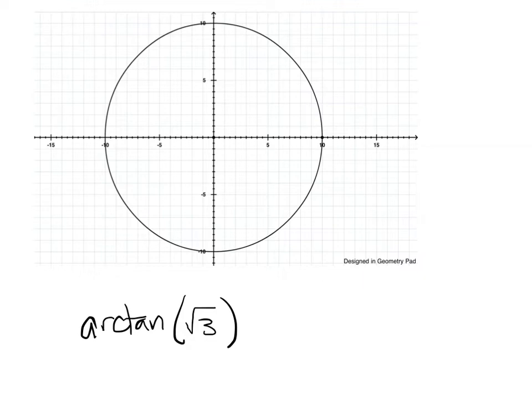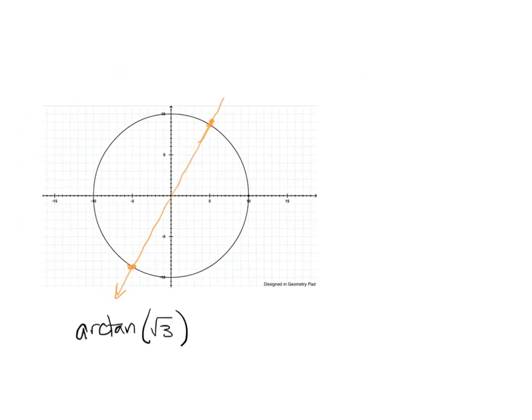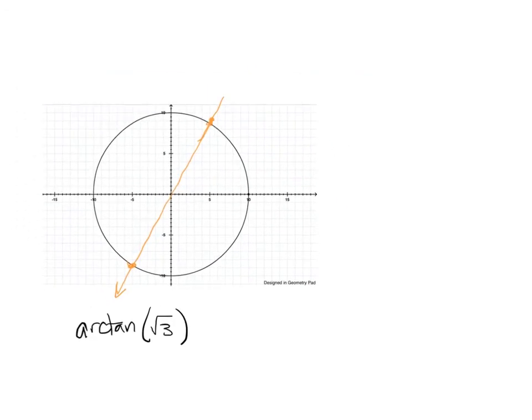A good way to figure out something with slope root 3 would be to go ahead and draw your points where they're supposed to be and then connect them. Do you remember what thing actually has length root 3?